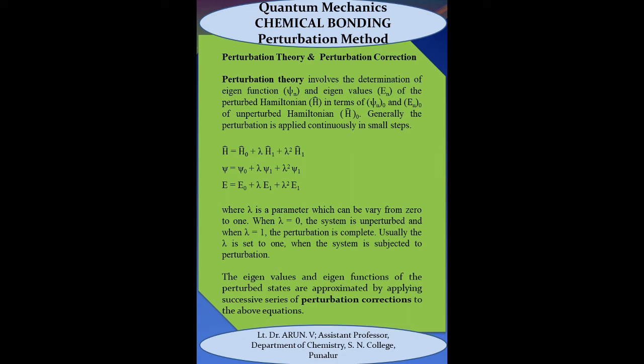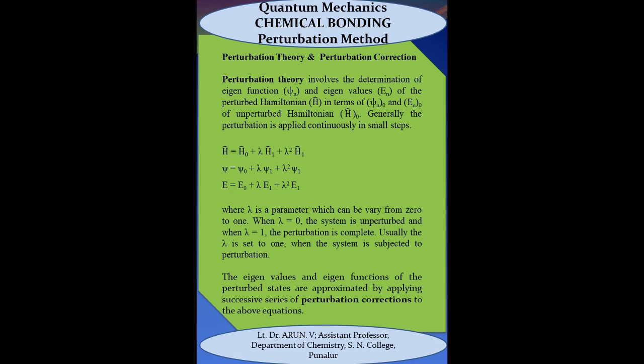Therefore, we can write the perturbed Hamiltonian H cap is equal to H0 cap plus lambda H cap 1 plus lambda square H cap 2. The wave function psi is equal to psi 0 plus lambda psi 1 plus lambda square psi 2, and the energy E is equal to E0 plus lambda E1 plus lambda square E2.